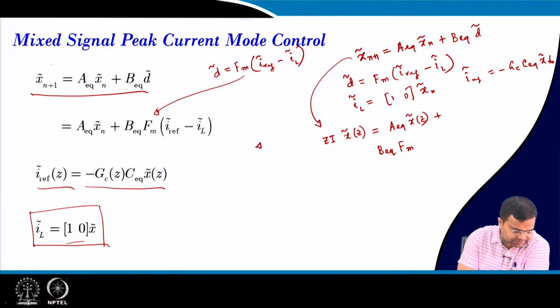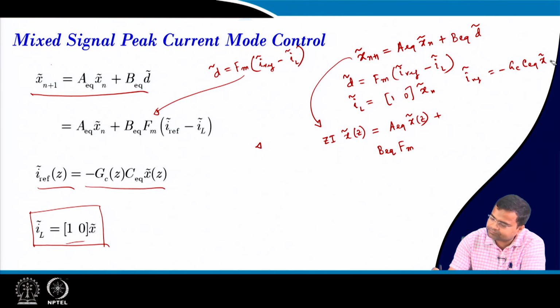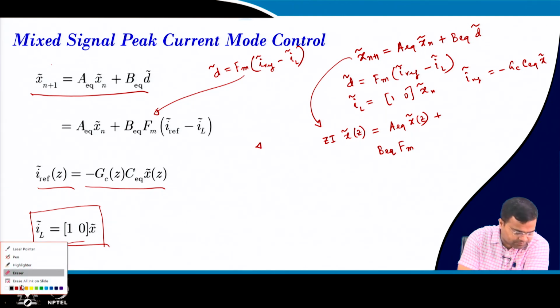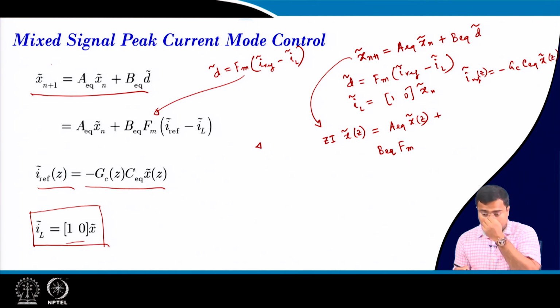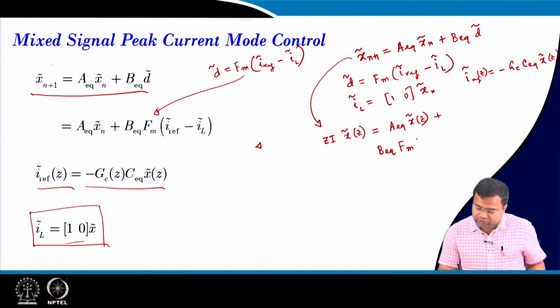So if we write in the Z domain, here it will be Iref(z) minus IL(z).